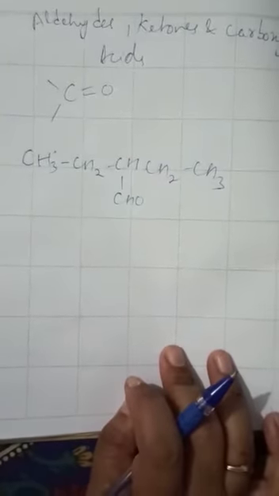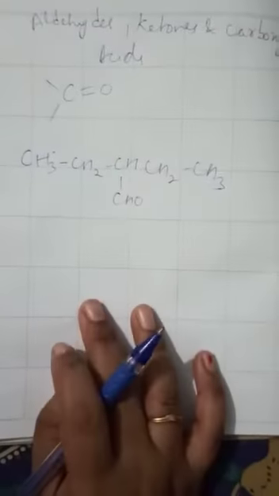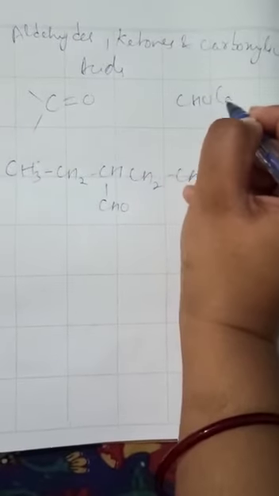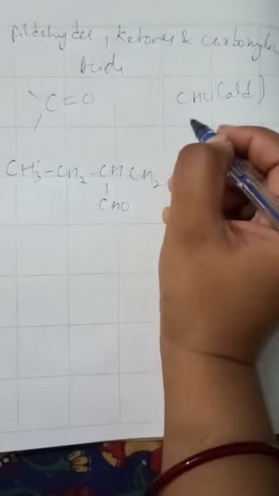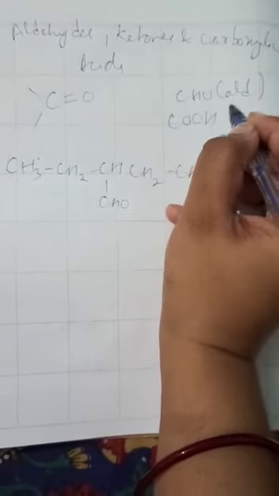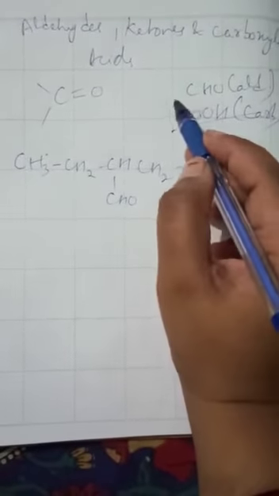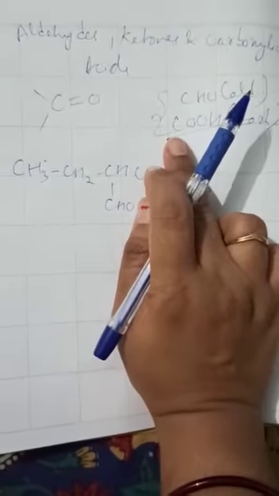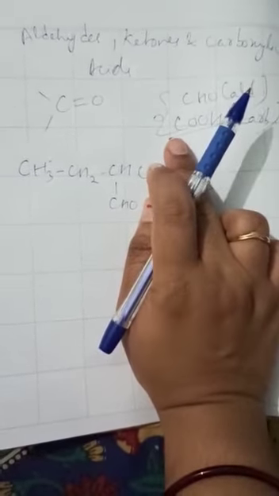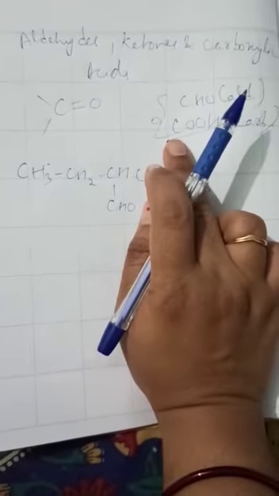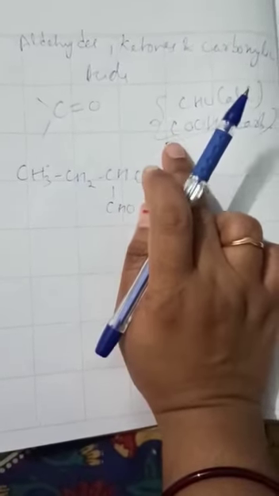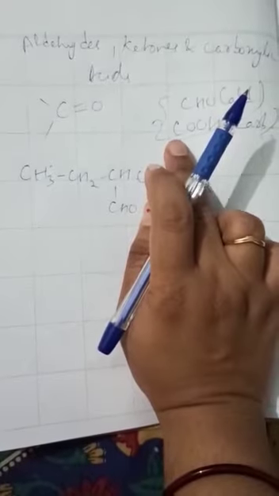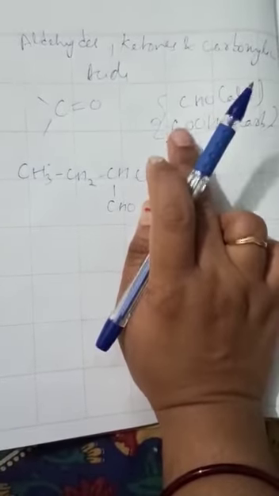One thing you have to keep in mind is whether a group is CHO, that is your aldehyde group, or COOH, that is your carboxylic group. When either of these groups is present in a compound, you have to start the numbering of the carbon atoms from the position at which you have these groups. This means the number one position is given to the carbon atom containing this group.